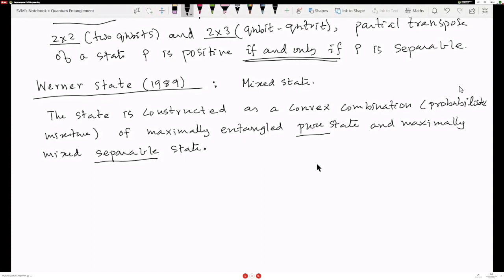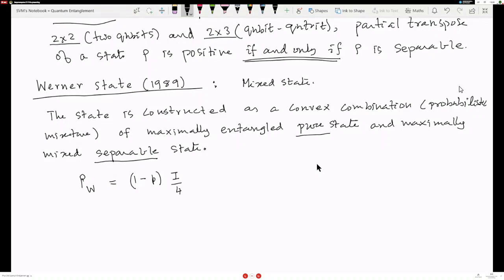So now you take these two things and then add them. Basically you convex combine them, or take a probability mixture of that. This is what we call rho W, because it is called the Werner state. So rho W is equal to, let us say, (1 minus p) times I by 4.